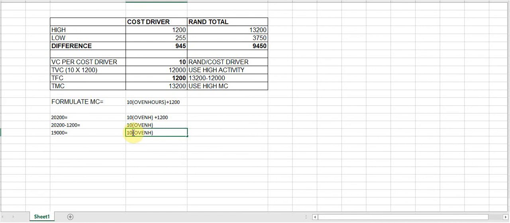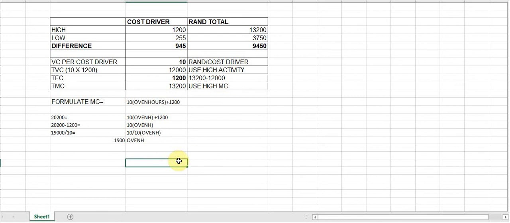We divide by 10 on this side. And if we divide by 10 on one side, we also need to divide by 10 on the other side. So that means that it will be 1,900 that is left on the side, and then we will only have the oven hours this side.